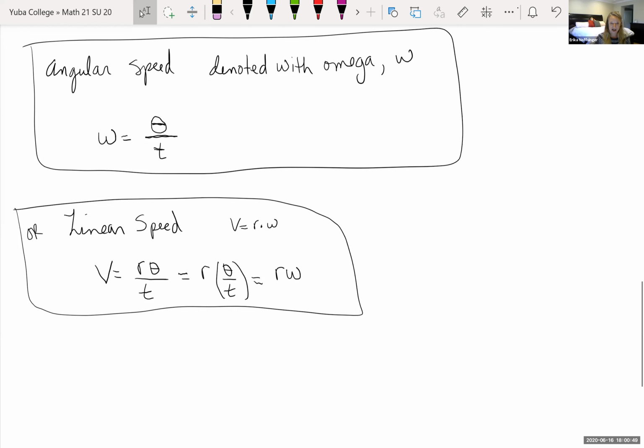Okay, so let's say you just decided to go to the fair and you're looking at a Ferris wheel, and you're trying to figure out how fast that Ferris wheel is spinning around.